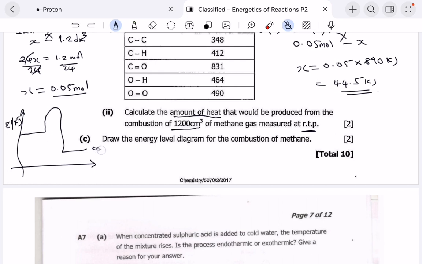This is where the CO2 and the H2O as your products are, and this is where your CH4 and your oxygen are. Then this is your enthalpy change, which is 890. See you in the next video.